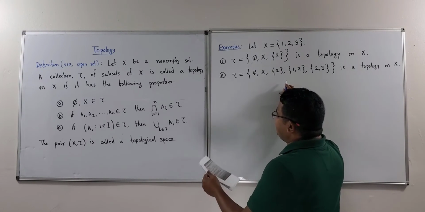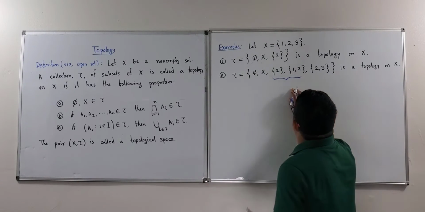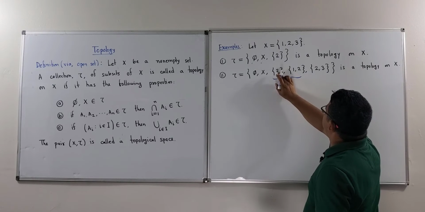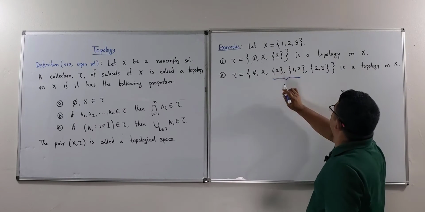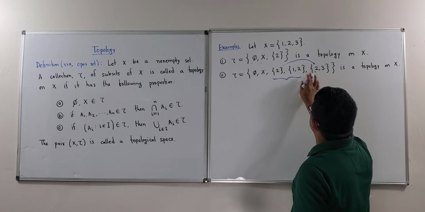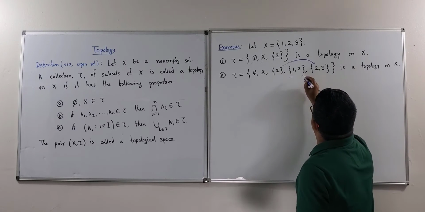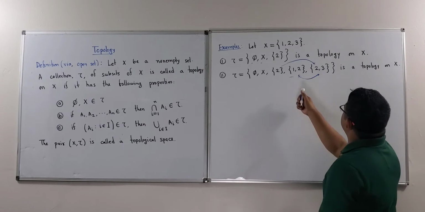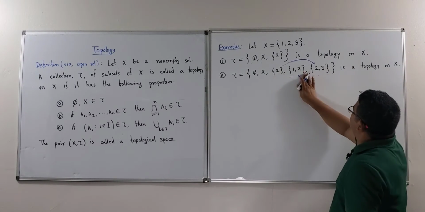Now the second property: if we consider these two subsets, then their intersection should be in that collection. The intersection of this one and that one is 2, and 2 is already here. Checking the other pairs, the intersection is 2 and 2 is already here, okay.